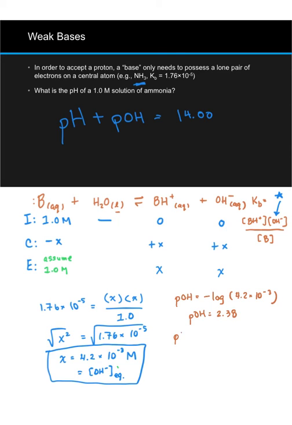To get our pH for this solution, which we know ought to be greater than 7, we'll subtract pOH from 14. 14 minus 2.38 is 11.62. A reasonable pH for a base solution.